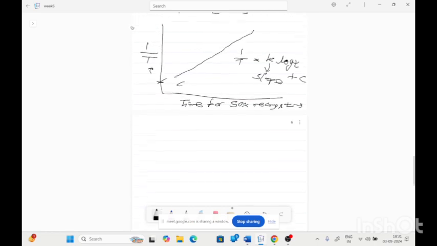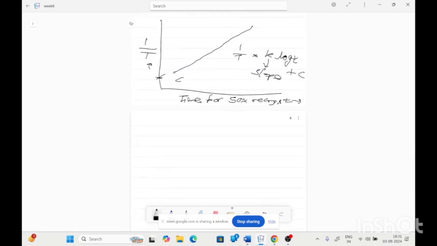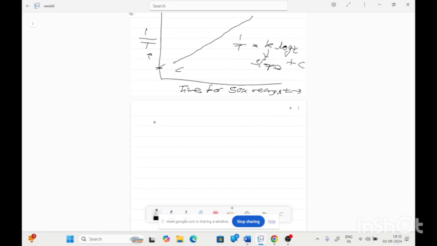So for this 50% recrystallization, the kinetic equation can be written as 1 by t equals A e raised to the power minus Q by RT.